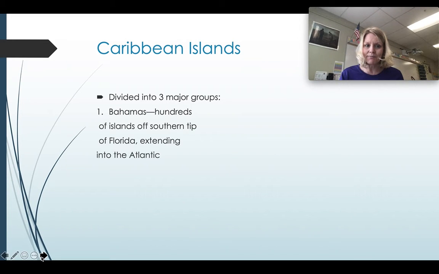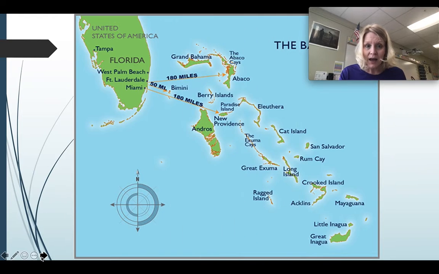It's off the southern tip of Florida and extends into the Atlantic, and some of the islands are bigger than others. Obviously, we'll take a look at the map here. You can see, look at that, like Andros. Andros Island is probably one of the bigger ones, along with Grand Bahama.